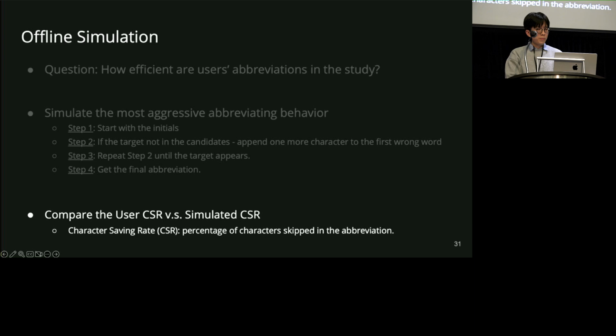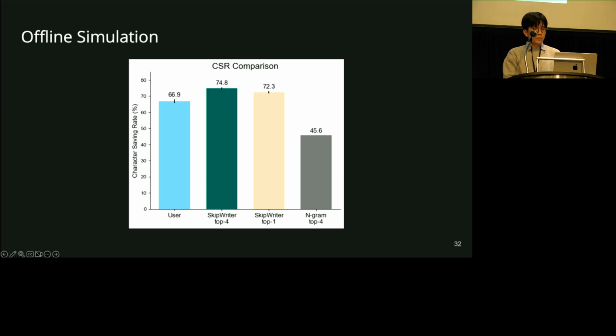Finally, we compared the observed CSR in the study with the simulated CSR. Here, CSR refers to the character saving rate, the percentage of characters skipped in the abbreviations. We can see in the study, users skipped about 66.9% characters in their abbreviations, and the simulation shows a maximum CSR of 74.8%.